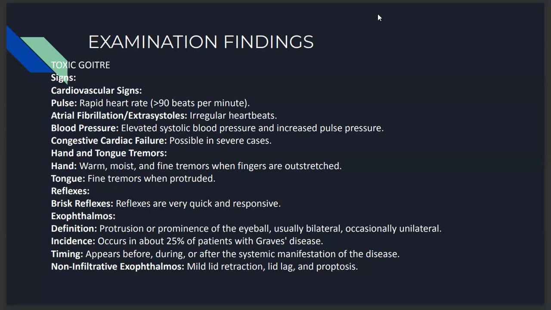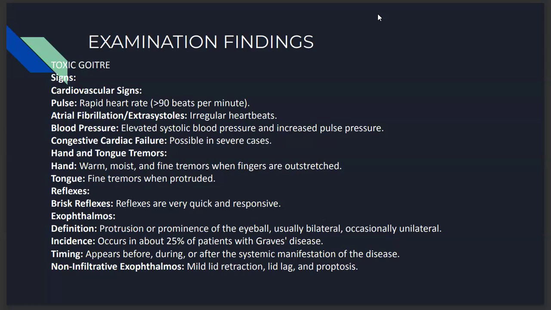Exophthalmos, which is protrusion or prominence of the eyeball, usually bilateral, occasionally unilateral. The incidence occurs in about 25% of patients with Graves' disease. The timing: it appears before, during, or after the systemic manifestation of the disease.